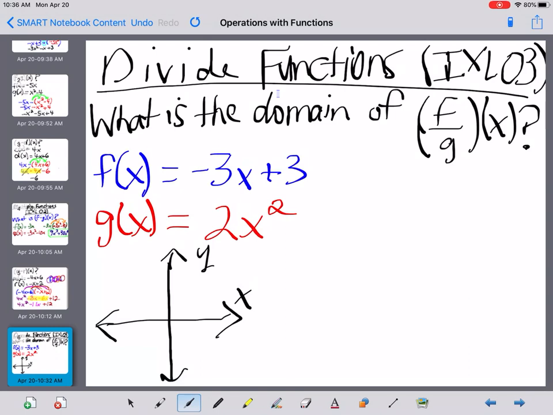So in this one, a little bit different than when we were adding, subtracting, or multiplying. We get this question that is asking us, what is the domain of? Now the reason that's important is because when it comes to dividing, there are some math no-nos.